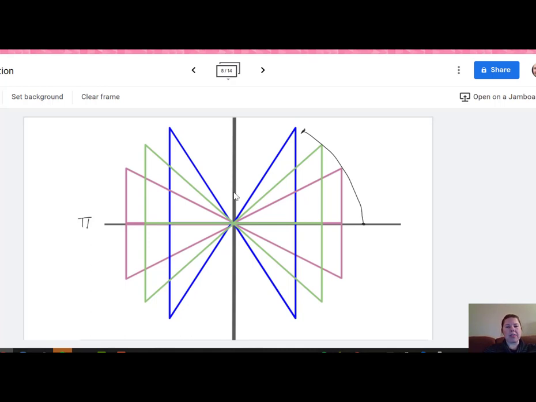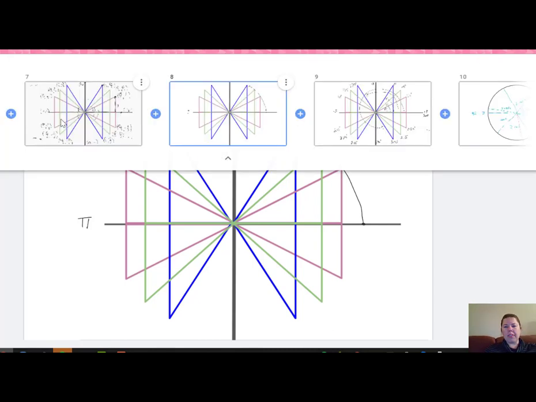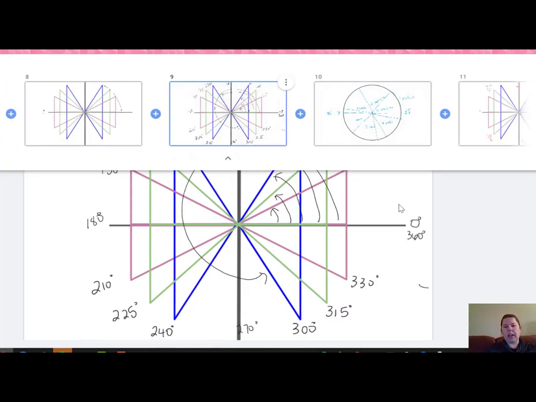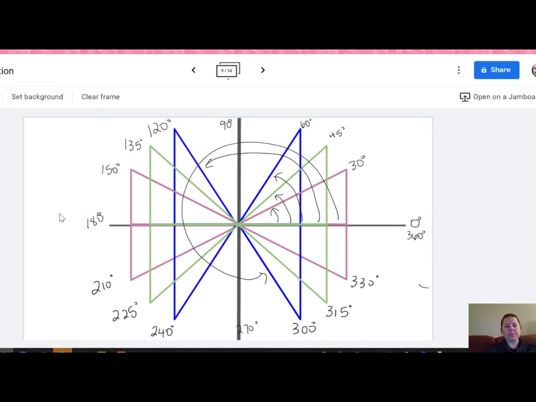And then the next thing I had everyone do was draw in the angle measures. The angle measures I gave them to start with were 0, 90, 180, 270, and 360. All the angle measures between 0 and 90 had to be between 0 and 90, in quadrant 2 between 90 and 180, in quadrant 3 between 180 and 270, and in quadrant 4 between 270 and 360.